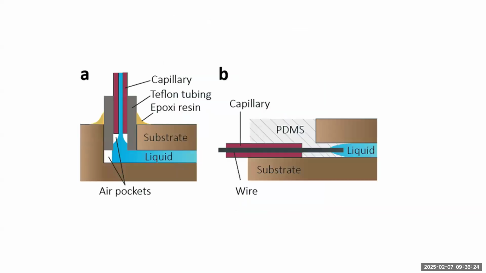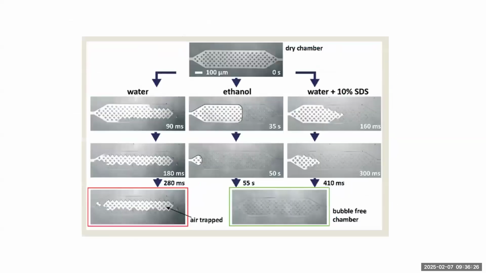So in that one figure they recommend that instead of water, you use something that has less surface tension, such as ethanol or water with SDS. So that's one recommendation: design, and then also wettability.